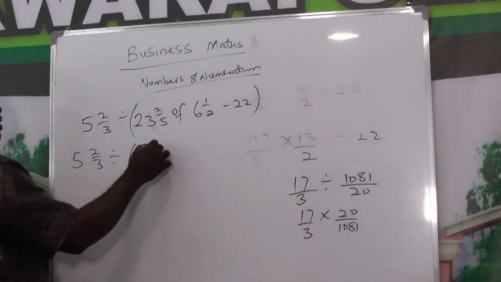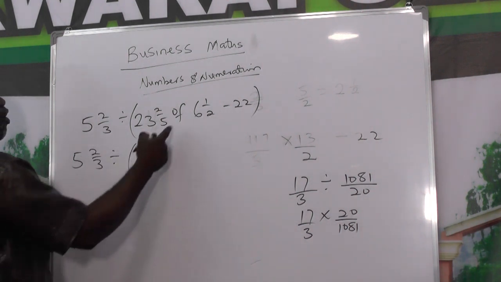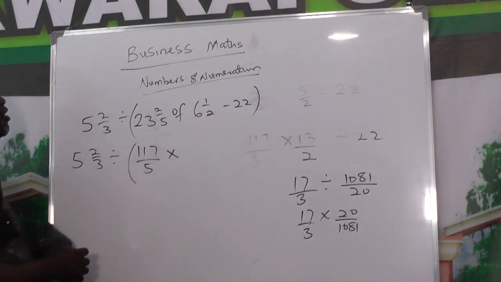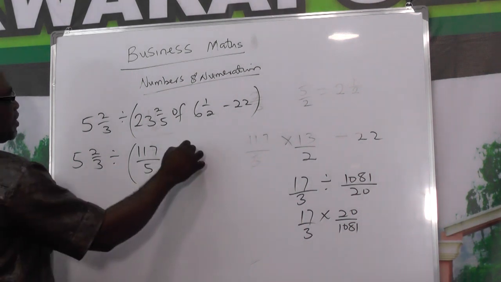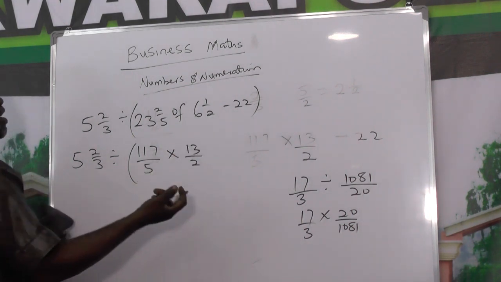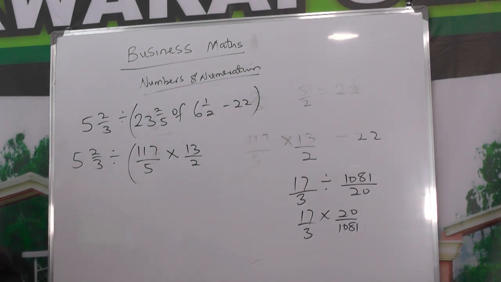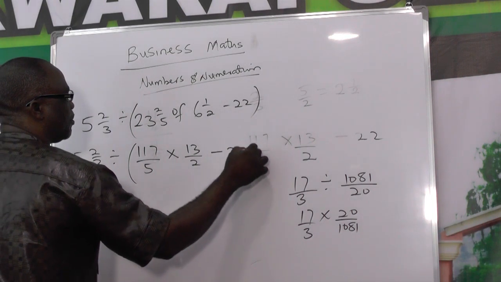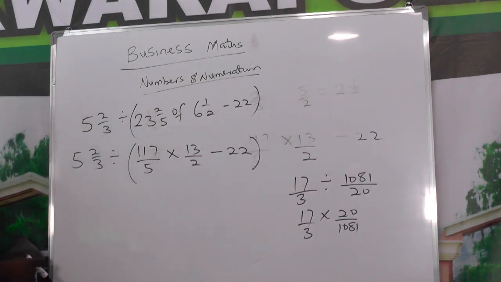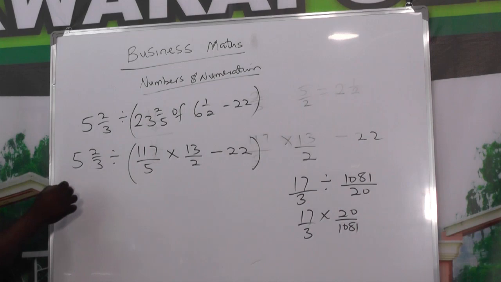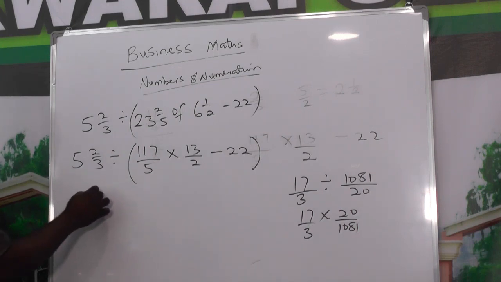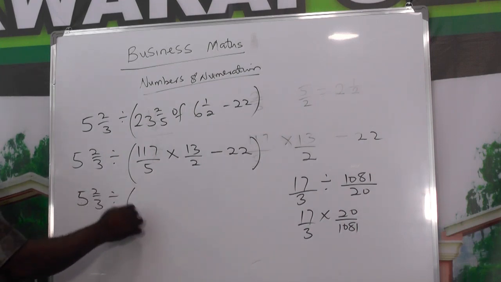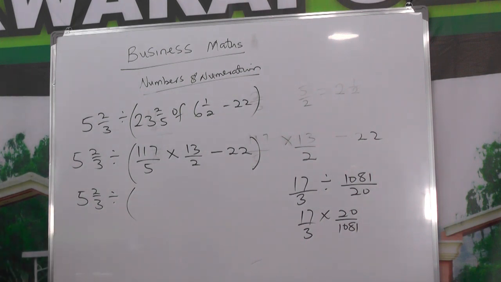You have 17 over 3. Of becomes multiplication. 6 whole number 1 over 2 becomes 13 over 2 by the same argument. 6 times 2 gives 12, plus 1 I have 13, minus 22. So, the next thing, we simplify further. You can see that I've not touched the expression outside the bracket there.